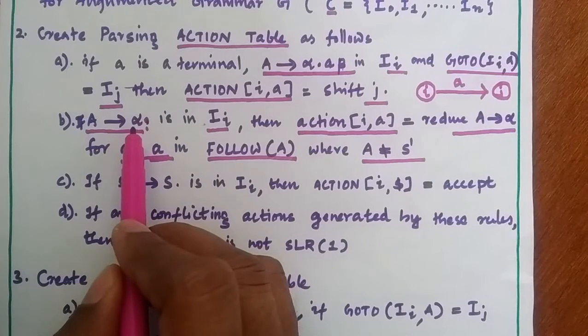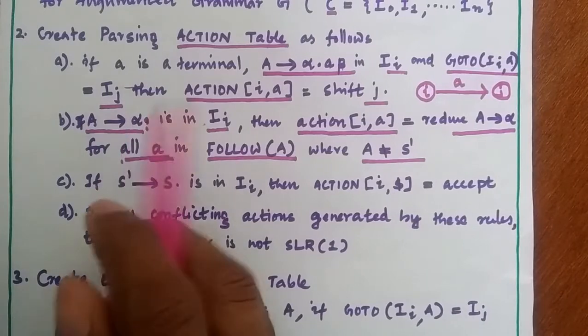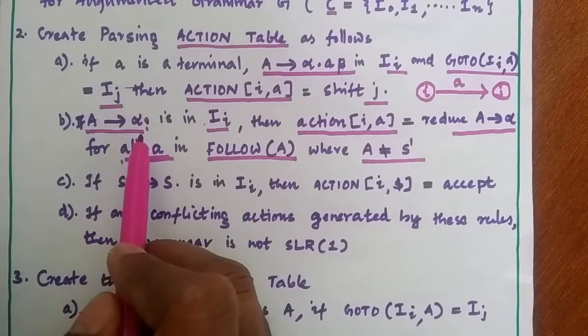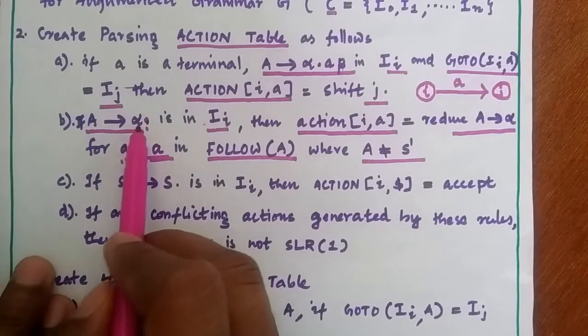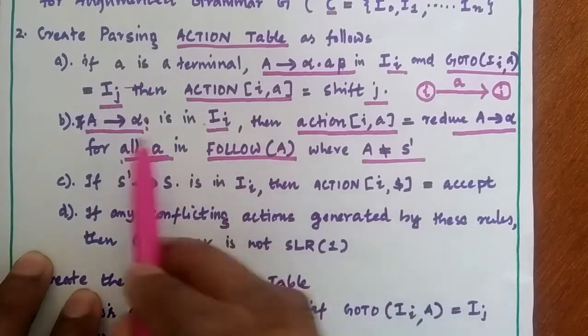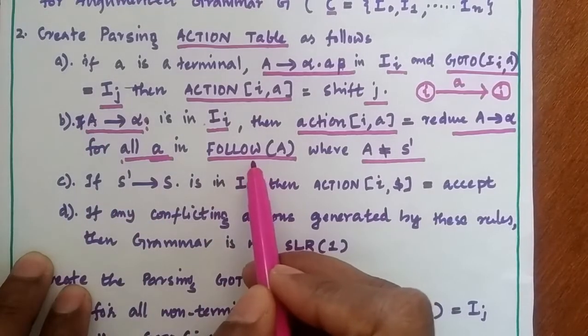We can reduce that substring alpha to A, because alpha is a valid handle and is the right side of the production A gives alpha. So you can apply the reduction A gives alpha. Where can we apply the reduction? We need to compute follow of A, which contains terminal symbols.